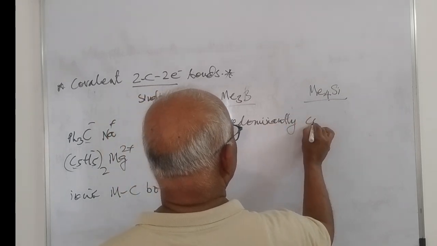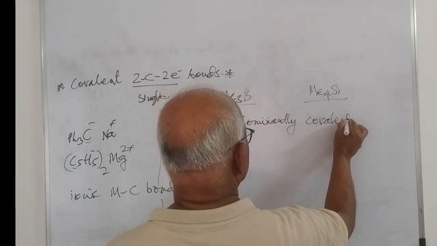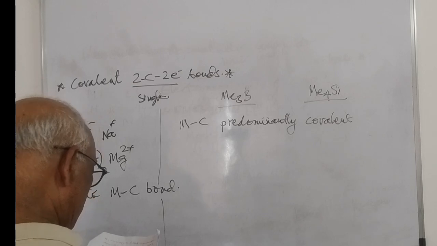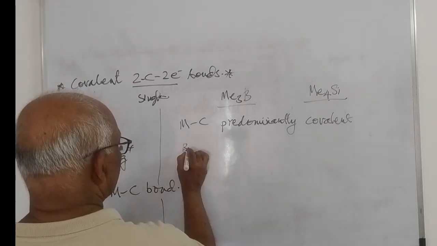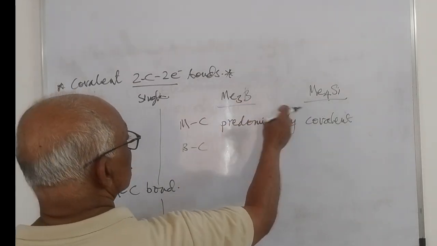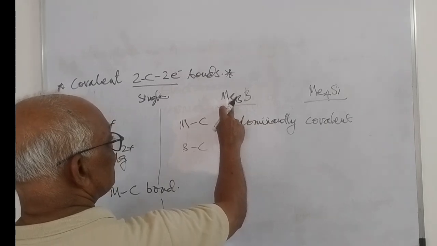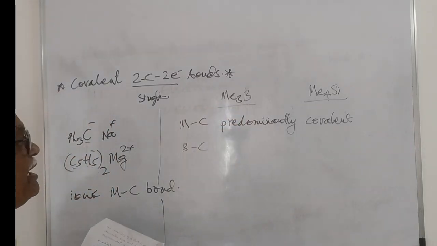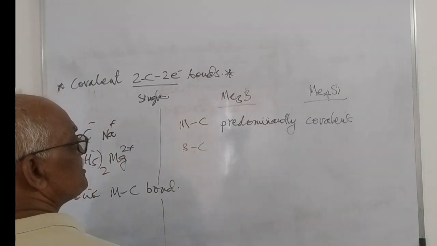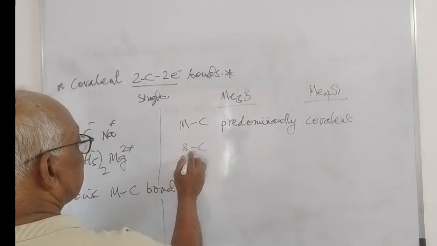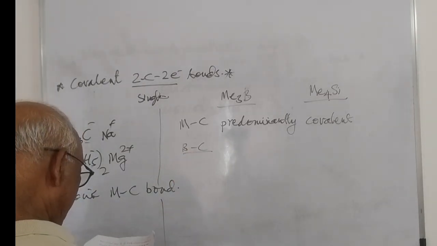For example, the boron carbon bond, as we have shown here, where methyl contains a CH3 group, and that carbon of CH3 is bonded to this boron.